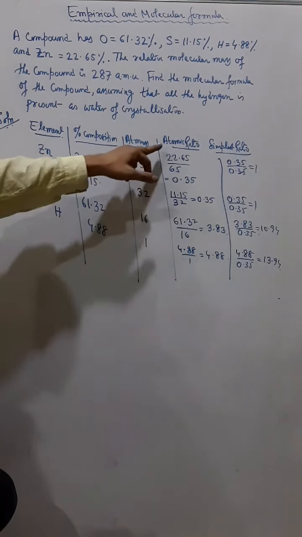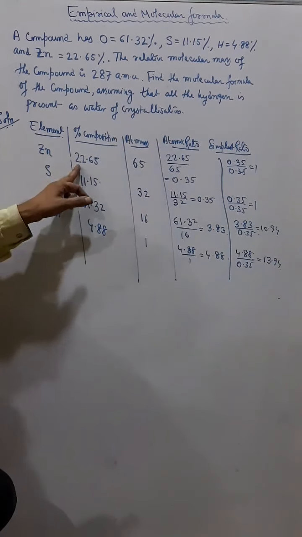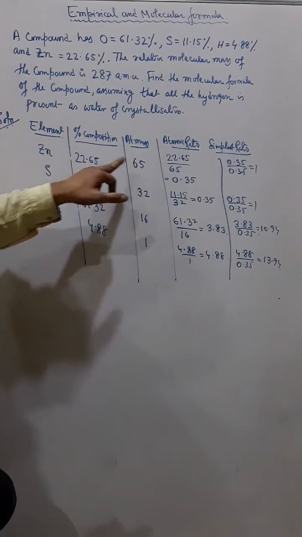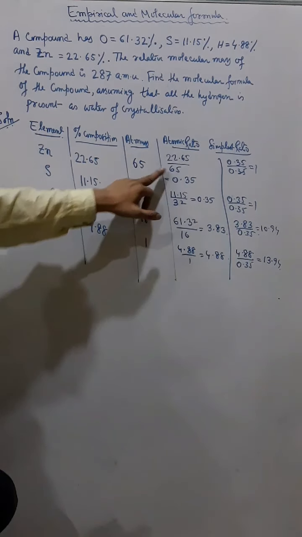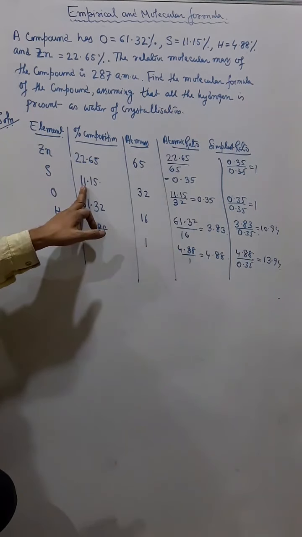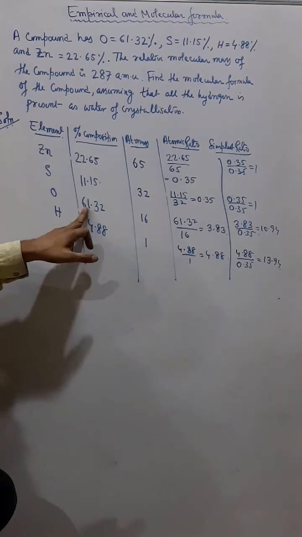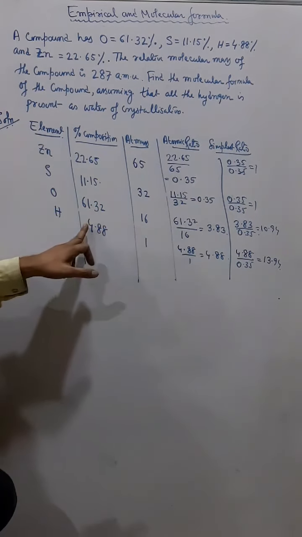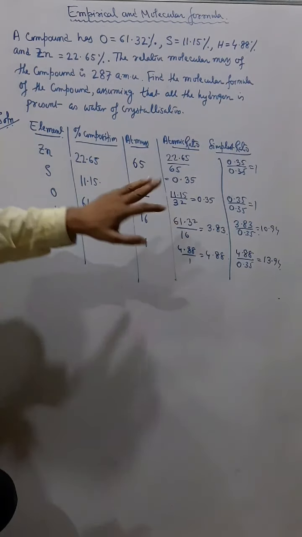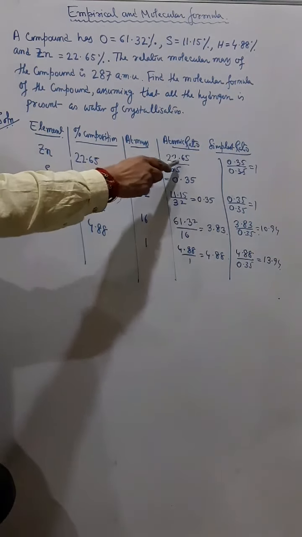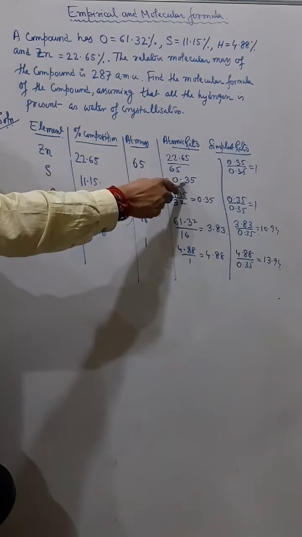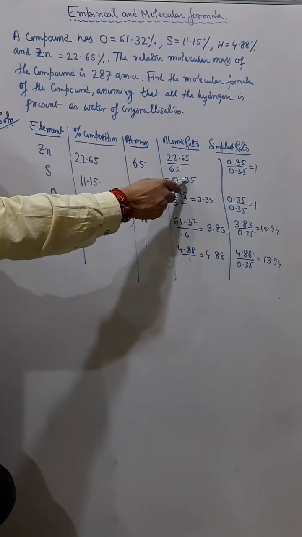Then we have to find the atomic ratio, that is, percentage by atomic mass. So 22.65 by 65, this one will be 11.15 by 32, this one will be 61.32 by 16, and then 4.88 by 1. Now 22.65 by 65 approximately gives 0.35.